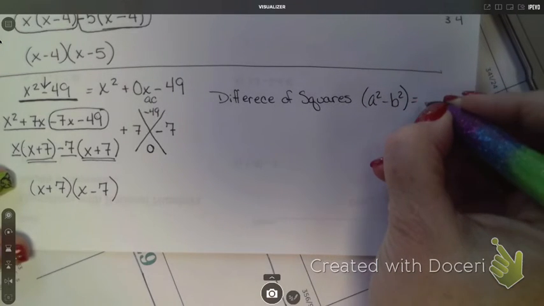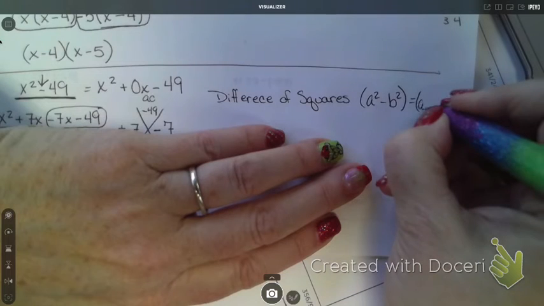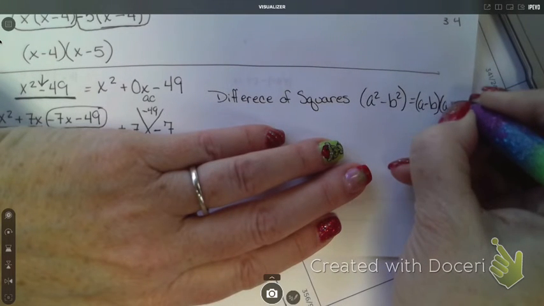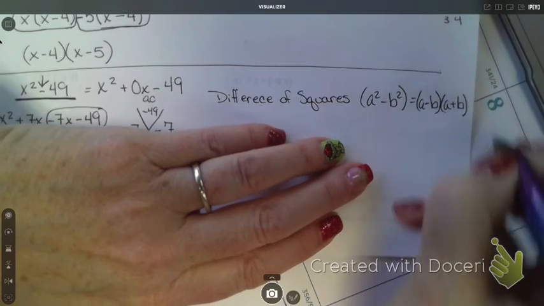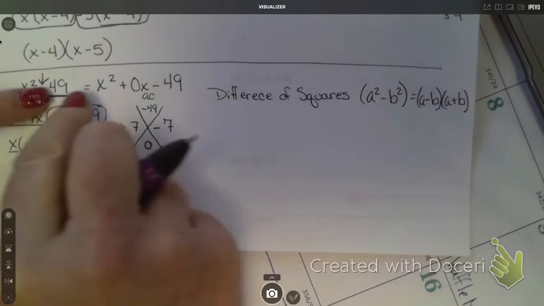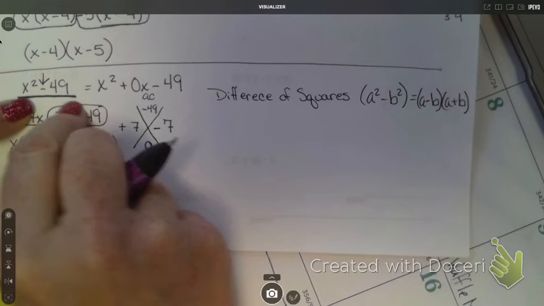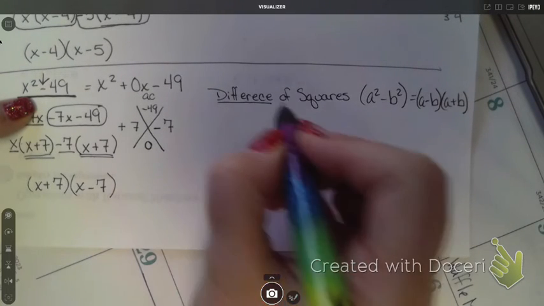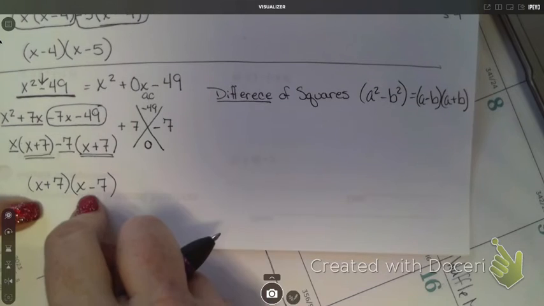It always factors into a minus b and a plus b. Every single time. So if you notice that you have two perfect squares and it's subtraction, because that's why it's difference, can you factor straight to the answer and not have to worry about it?